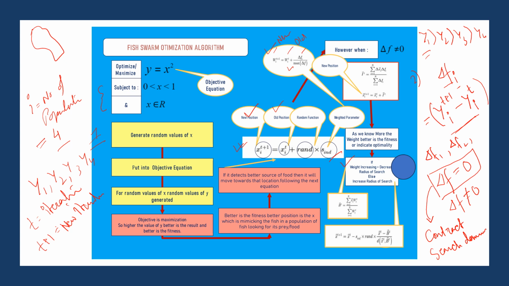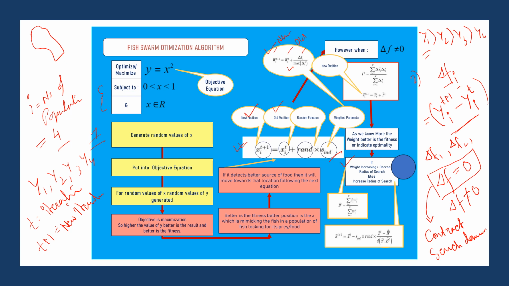Those fishes have already got the solution, so all the other fishes of the school follow that fish. Similarly, what we mimic is: if weight is increasing, then del f is not equal to 0.